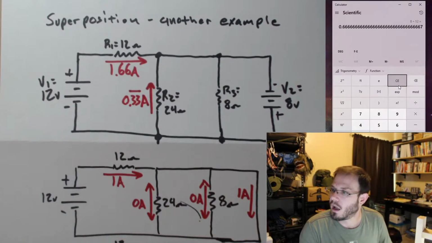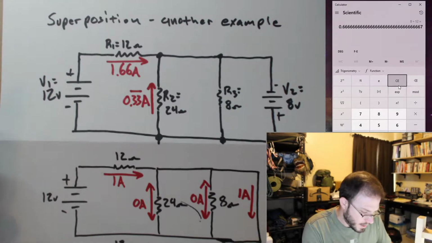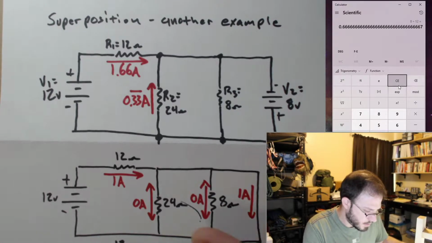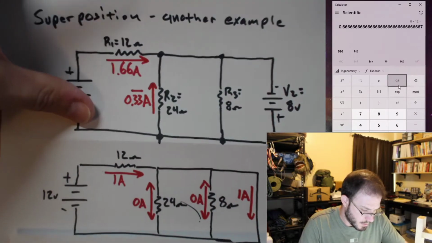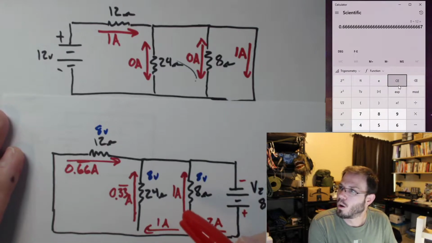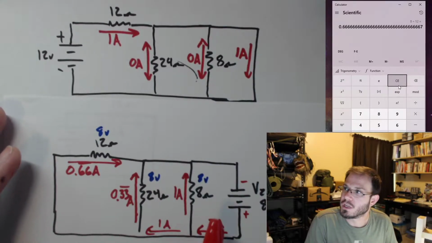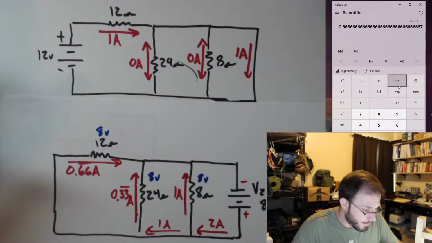So that takes care of R2. Let's go ahead and look at R3. In R3, we had 1 amp going up and 0 amps in our other solution. So we should just get 1 amp going up.